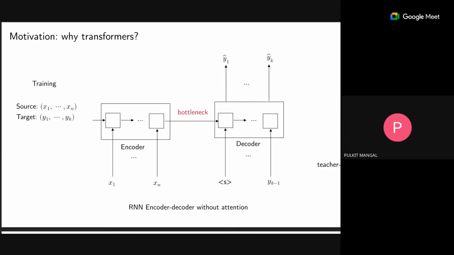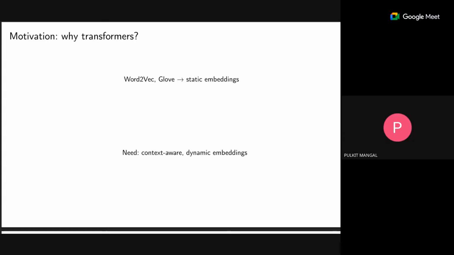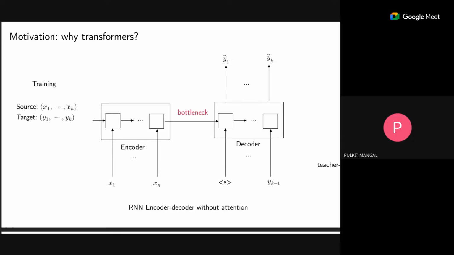Another motivation for moving to the transformer was the sequential bottleneck that we had in our RNN encoder decoder architecture. Even though we have seen the Bahdanau attention idea covered in the implementation part of week 9, in which case we also used the encoder decoder architecture with Bahdanau attention, there also we had this bottleneck that the RNN will process everything sequentially.